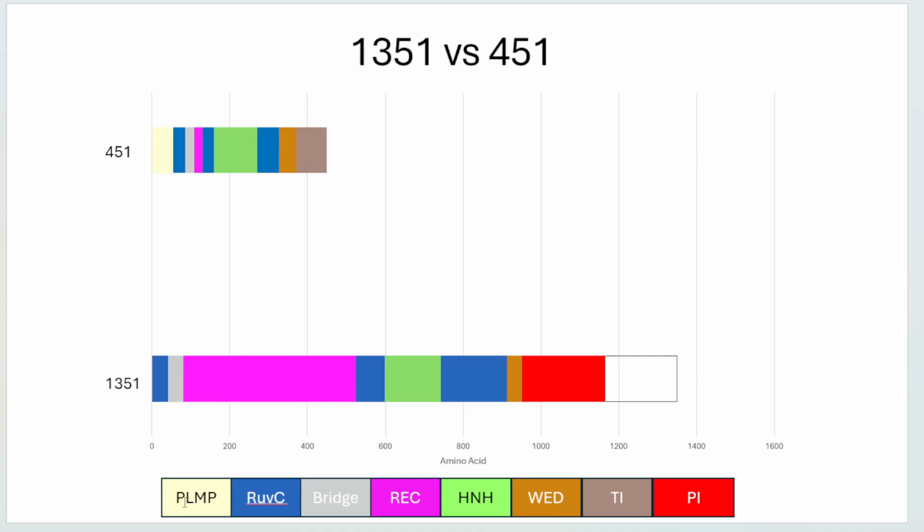The PLMP domain disappears from a Cas9 like 1351, and the PID evolved from the TID, and that's pretty much it, really. And there's still this weird tumor of alpha helices that doesn't really match to anything.